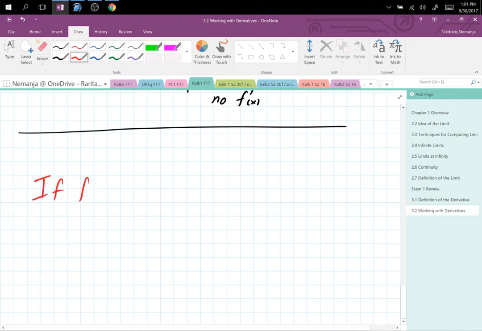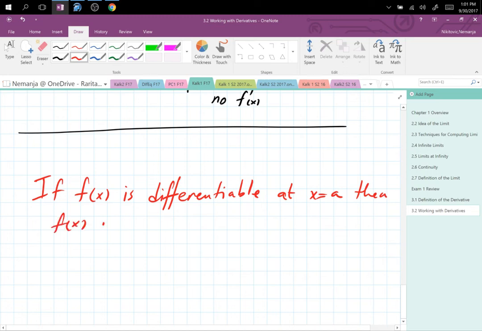So if f of x is differentiable at x equals a, then f of x is continuous at x equals a.